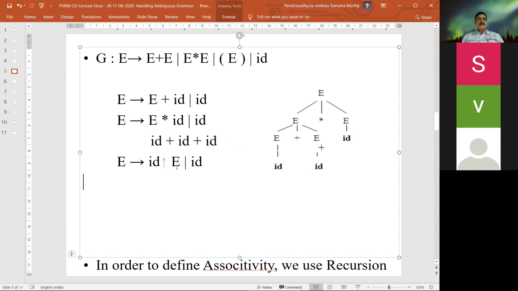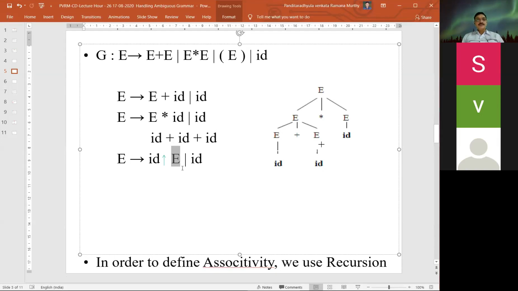It indicates right association because there is no non-terminal symbol on the left hand side. If the non-terminal is available only on the right hand side, we call it right associativity. Right associative means the rightmost symbol will be executed first, then the leftmost symbol.